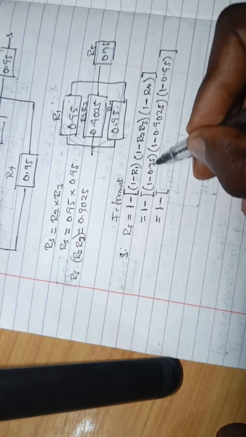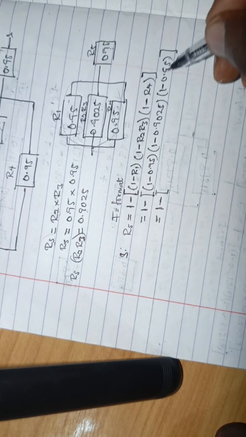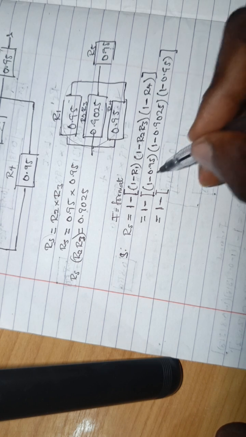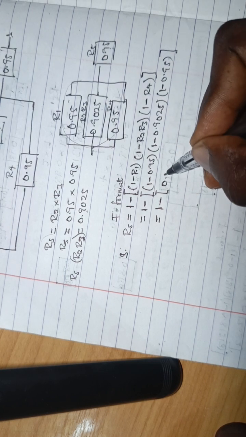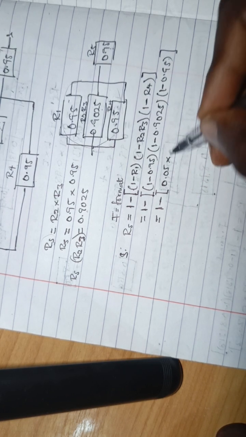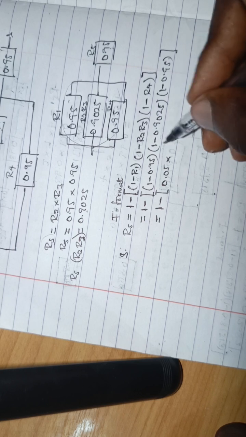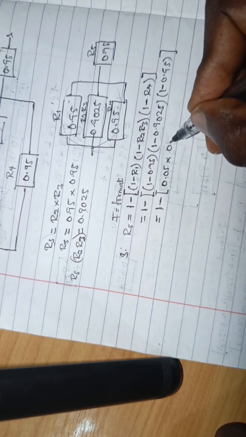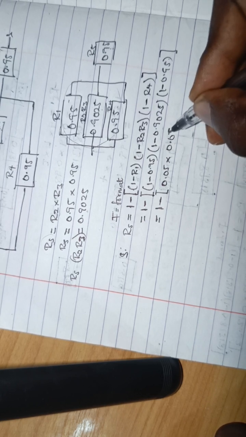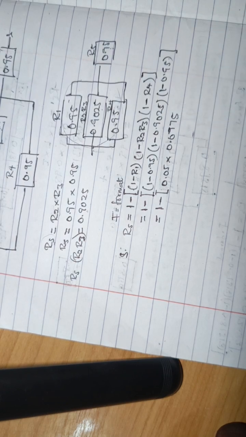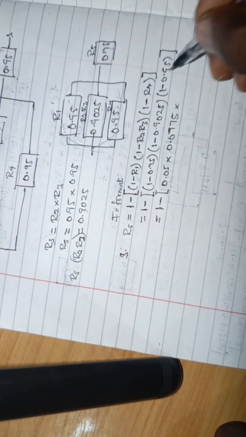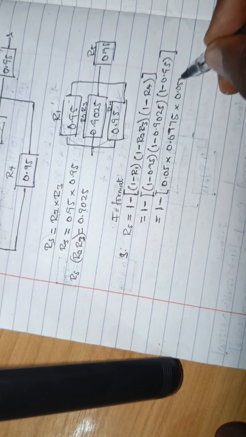So then we have to find for each of these. Do you get it? So here is going to be 0.05, which is multiplying. Here is going to be 0.0975. Then the last one is going to be 0.05.